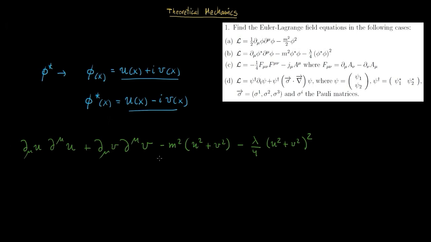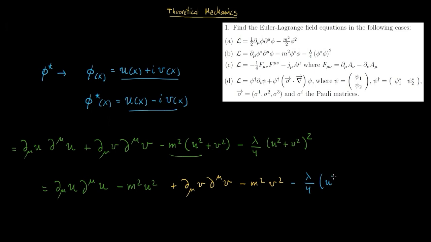So if you reorder this, you will have partial mu u partial mu u minus m squared u squared, this term, plus partial mu v partial mu v minus m squared v squared. And the last term is minus lambda over 4 u to the power of 4 plus v to the power of 4 plus 2 u squared v squared.